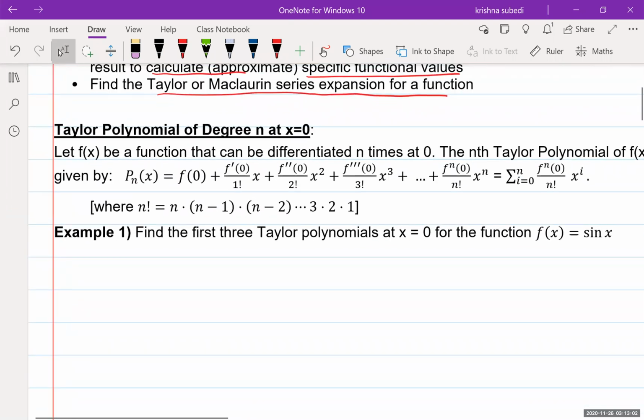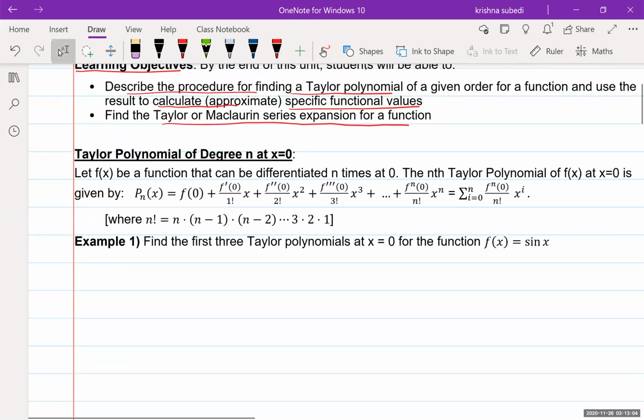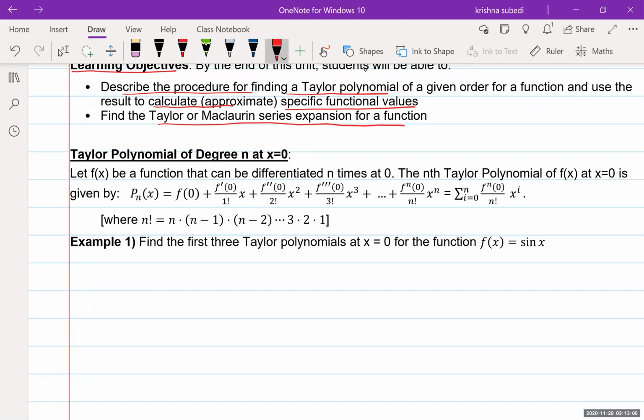It may look a little bit weird to you when you see this formula. And here is the formula. Here is the Taylor polynomial of degree n at x equal to 0. I want you to memorize this formula just in case. It will be provided in the exam, but in the future, if you memorize it, that's great.